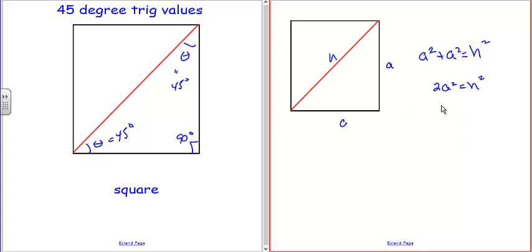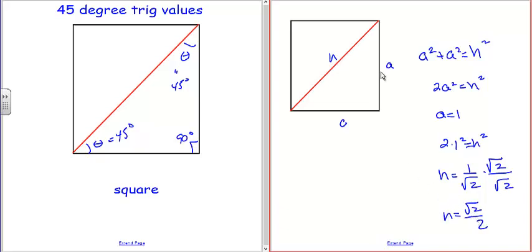If you let A equal 1, it really doesn't matter what A is, I could set A equal to anything, but making A equal to 1 makes it easy. What you end up with is the hypotenuse equals 1 over the square root of 2, which multiplying and dividing by the square root of 2 gives us the square root of 2 over 2.